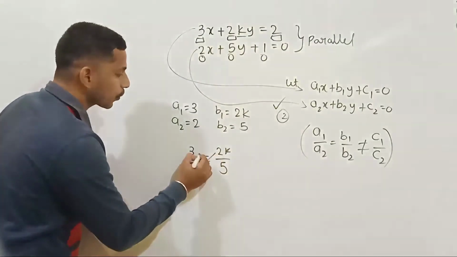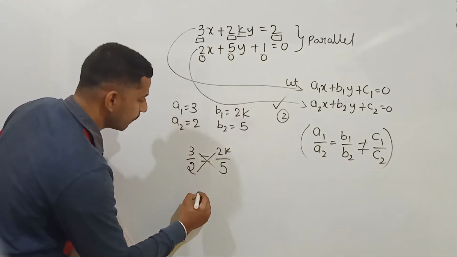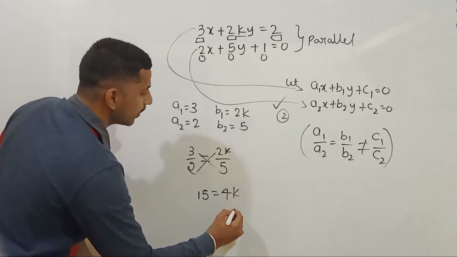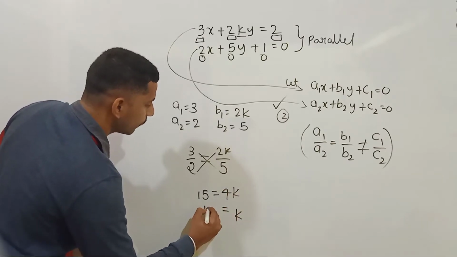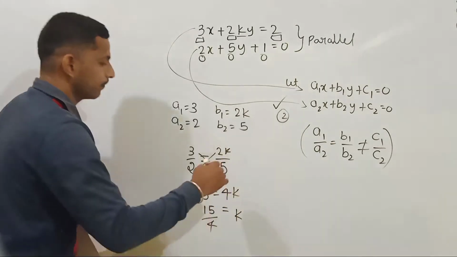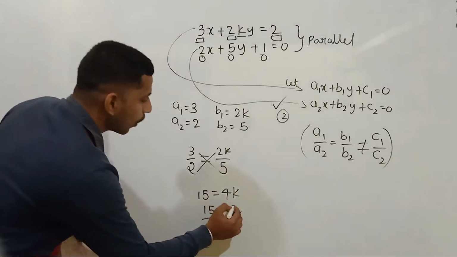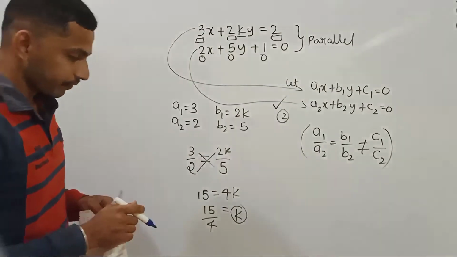Here we have to cross multiply. 5 3s are 15 is equal to 2 2s are 4k, and the value of k is 15 divided by 4. Here we have found the value of k.